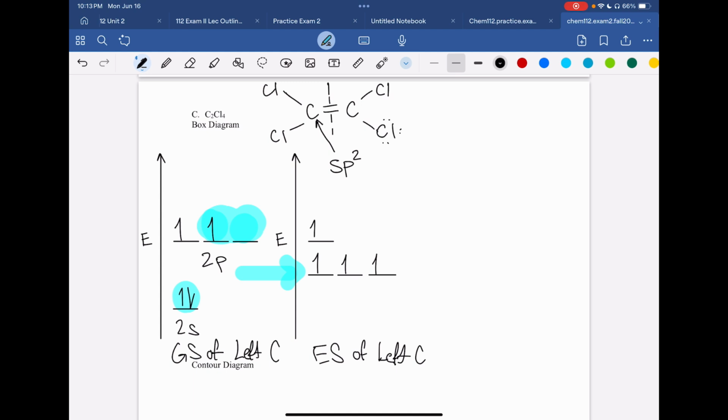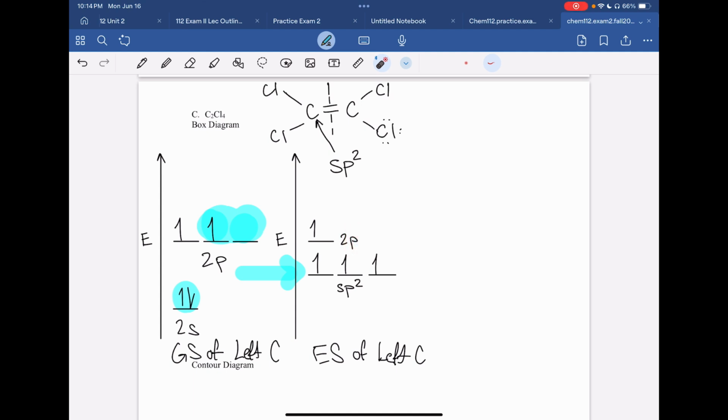And this one is still left up there. It's one. Now there's a reason, so bear with me. This occupies the sp2, and this is the 2p. The reason being, when you draw a pi bond, your pi bond is in the shape of a p orbital.